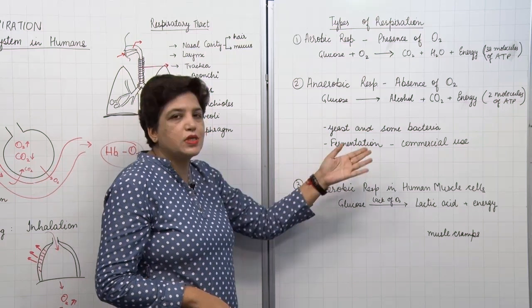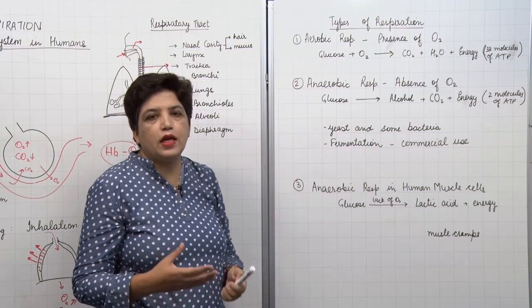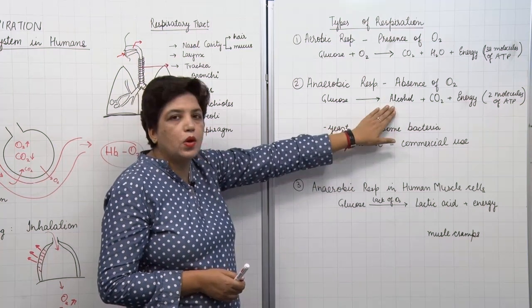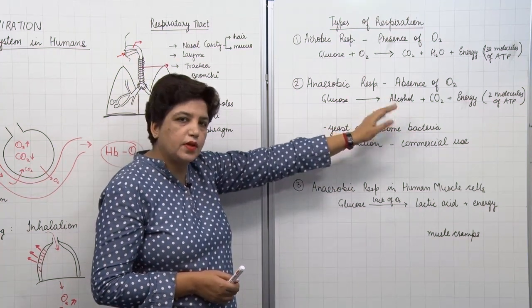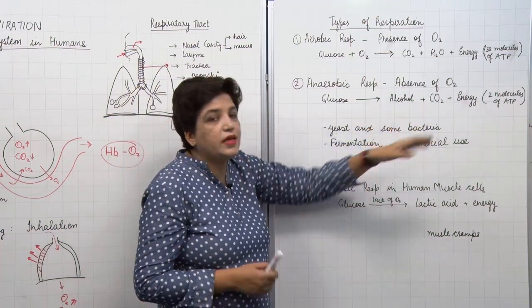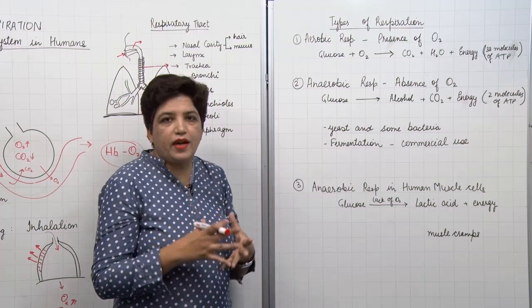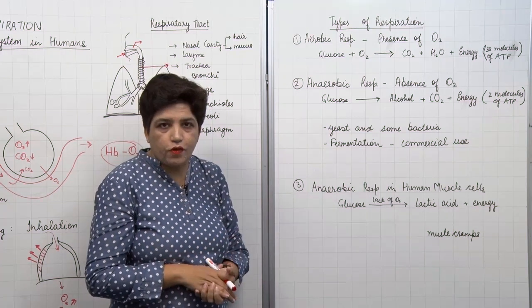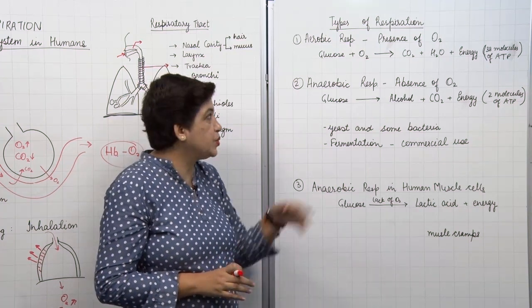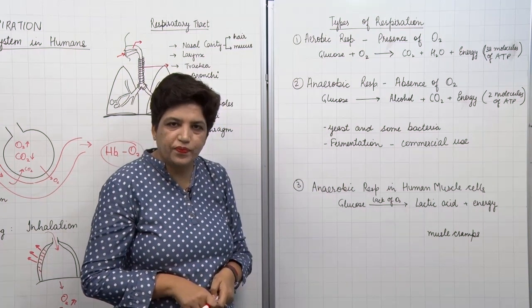This fermentation process has commercial use, like in brewing industries. This is used to produce alcohol in wine, beer, etc. It is also used in bakery because carbon dioxide is produced, so it makes the bread fluffy, more spongy, more soft. So there are commercial uses of yeast due to its anaerobic properties.